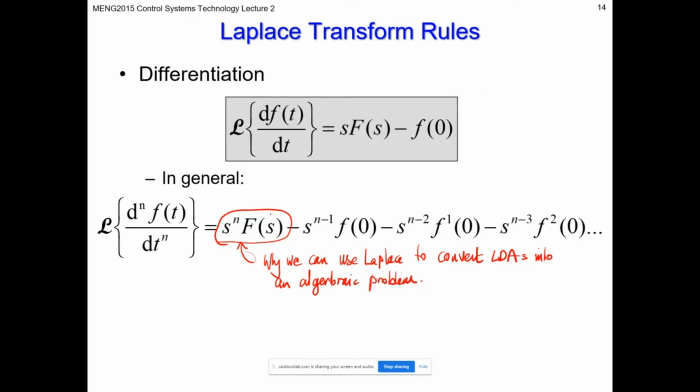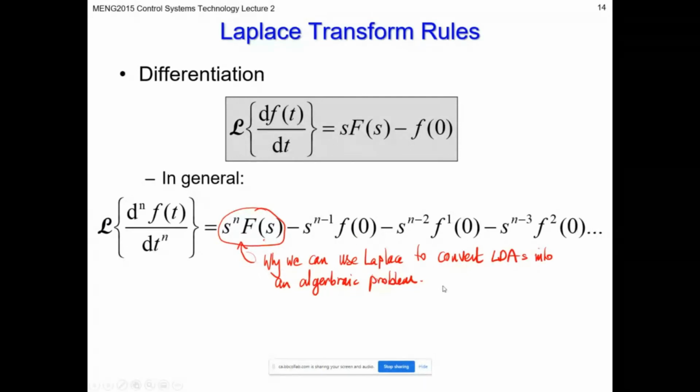Now we have our function, our Laplace transform of the function f of s times s to the power of n. So this is just like a polynomial, which we can handle a lot more easily algebraically than we can trying to solve a differential equation.